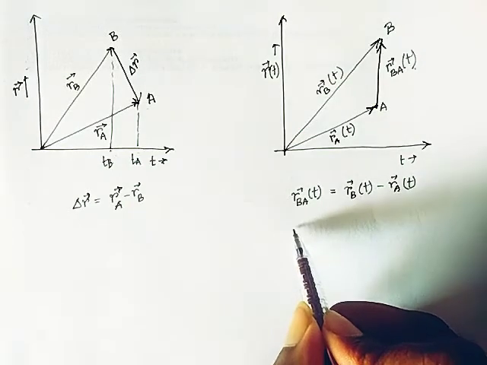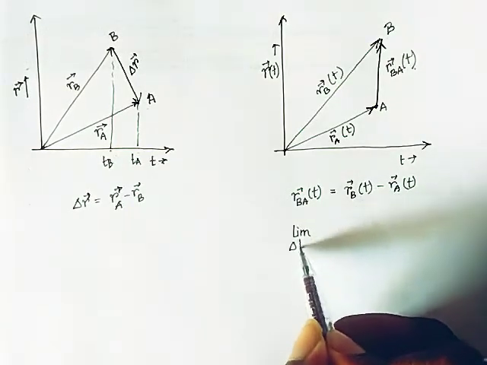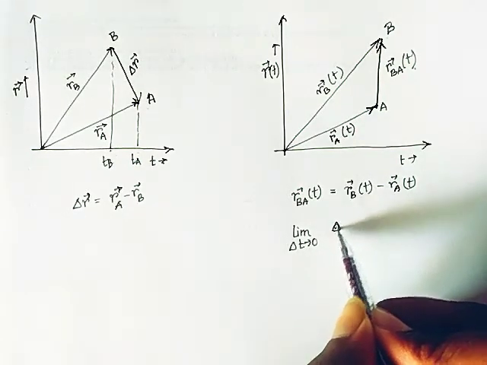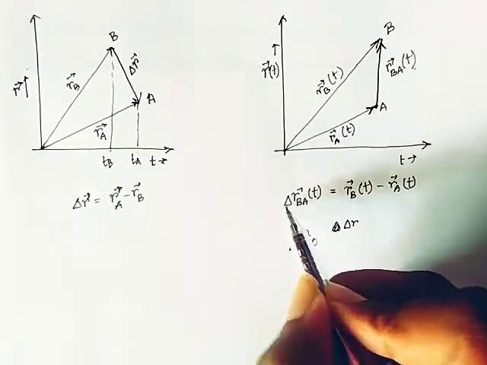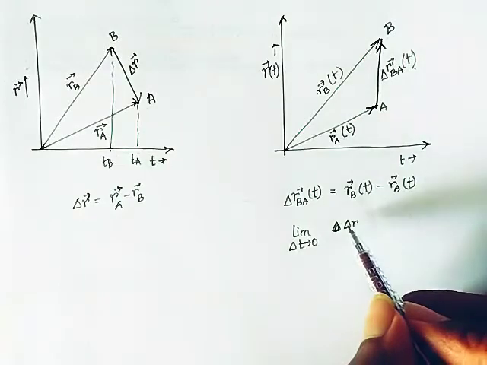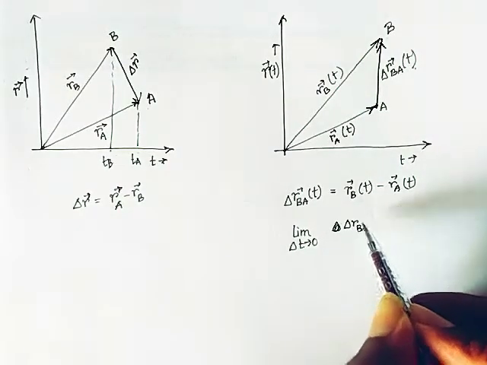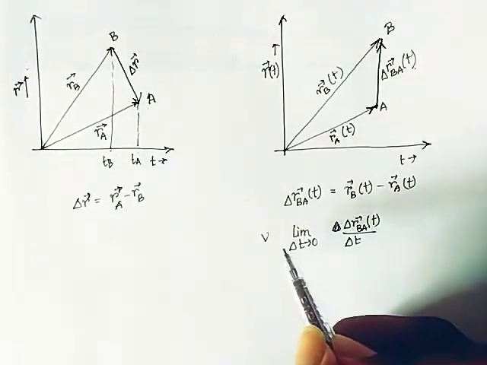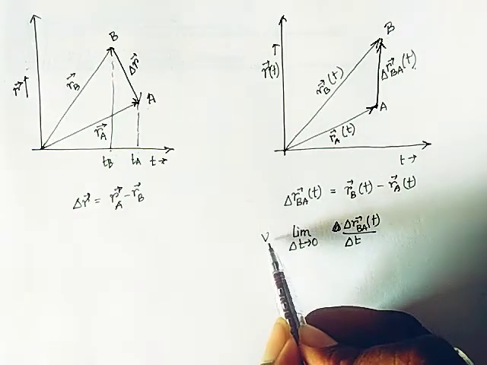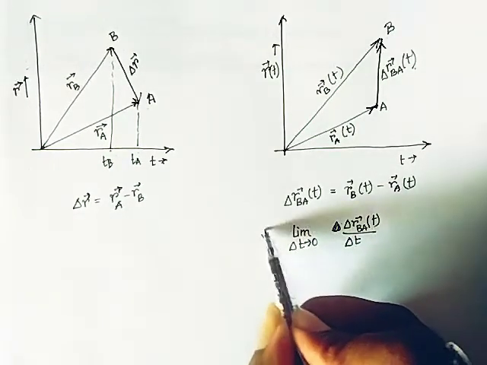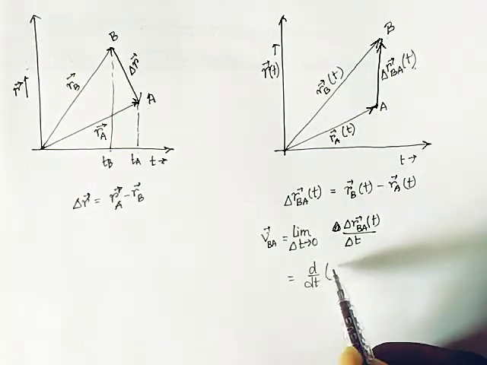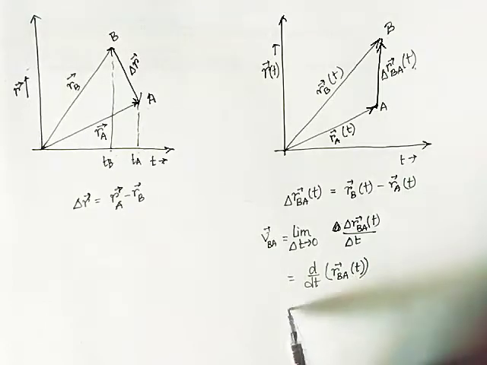So if I take the limit del t tends to 0, del RBA as a function of t divided by del t gives the instantaneous velocity of particle B with respect to A, that is VBA, which is d/dt of RBA, also a function of t.